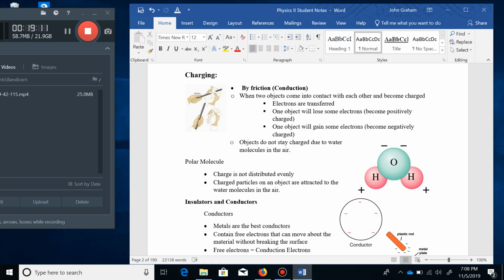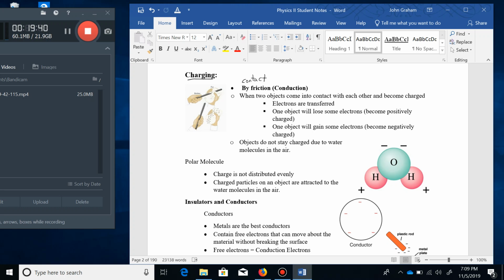So first is what we call charging. Think of this as when we're charging by friction, we're looking at contact. And so this is charging by friction, and just think contact, conduction. One object touches another object and moves across each other.